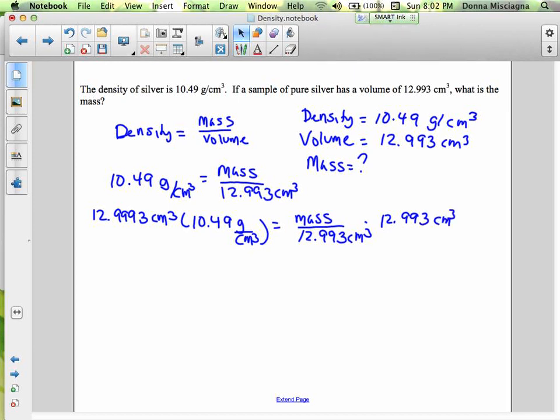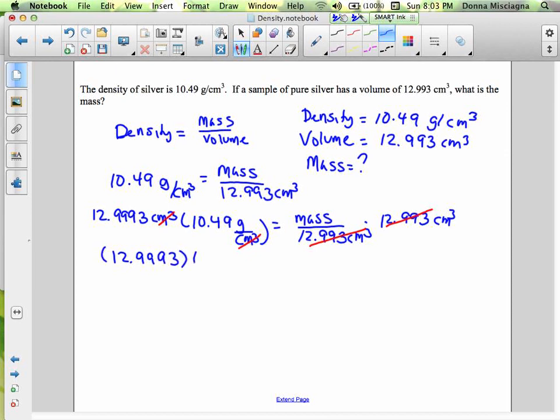All right, so this will cancel, and the units will cancel, because one's in the numerator, one's in the denominator. And then all we have to do is multiply 12.993 times 10.49 grams, and that'll give us the mass.